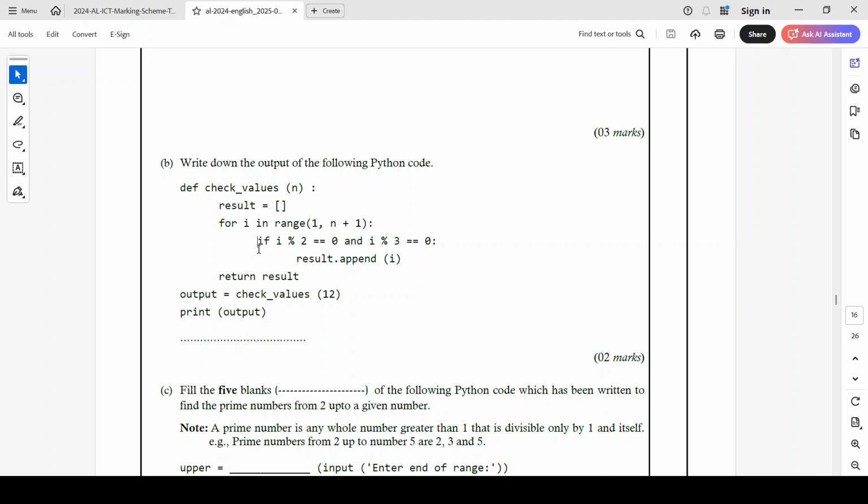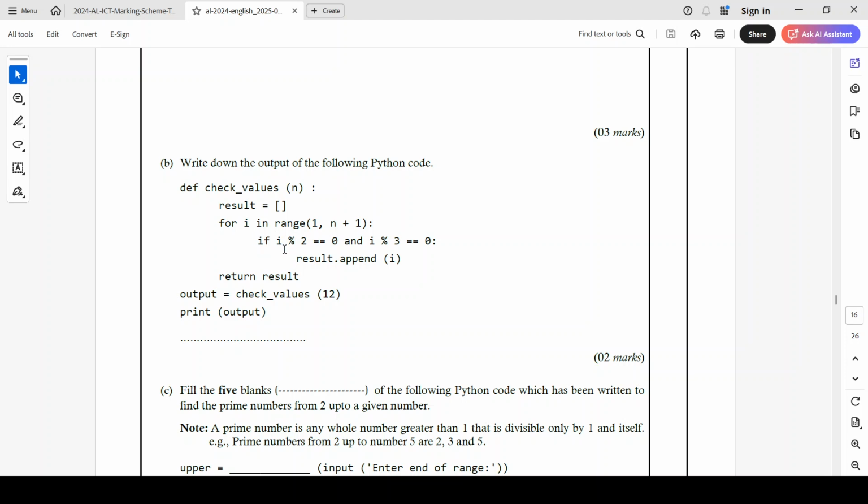So what does the inner loop say? If i mod 2, this symbol is for modulus. Basically, if a number is divided, what comes as the balance is called mod. So balance is equal to mod, they are the same.